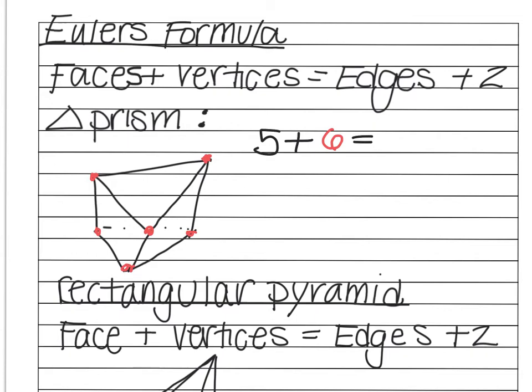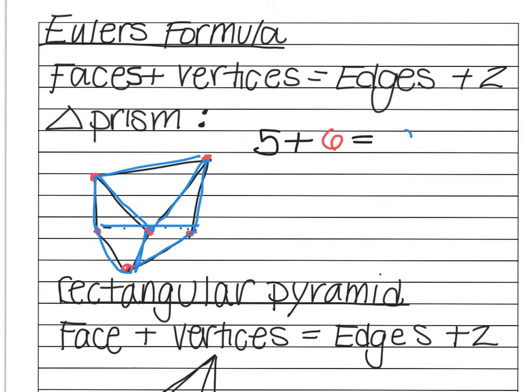equals how many edges do I have, okay? So my edges were right here in blue. So I got 1, 2, 3, 4, 5, 6, 7, 8, and 9.